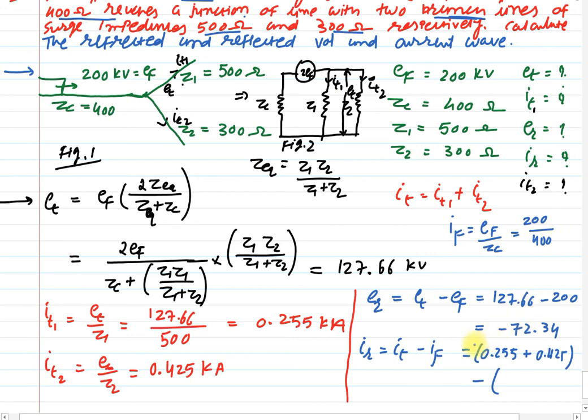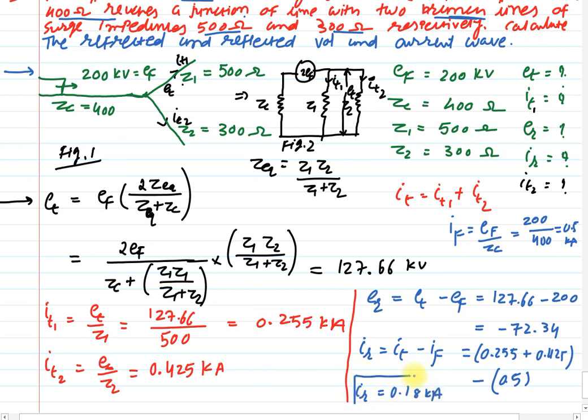If you substitute the values, you will get 0.5 kilo ampere. So the final answer for IR is equal to 0.18 kilo ampere.